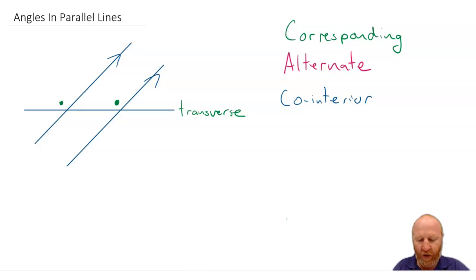So this line runs across the other two, and we call these corresponding angles. Of course, that's not the only set of corresponding angles here. I could have identified those two as corresponding, or those two as corresponding angles, or those two could have been identified as corresponding angles.